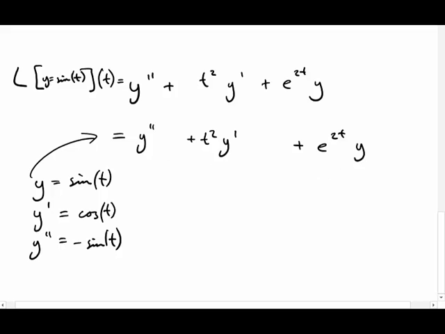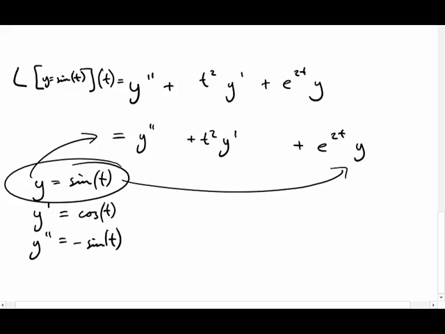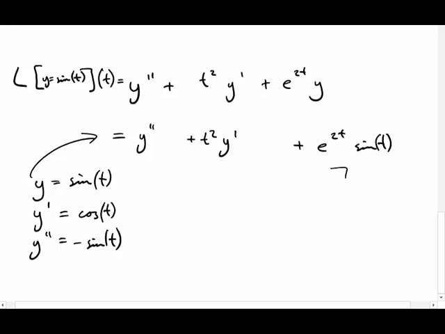So y equals sine t, let's put that in there. Now let's put y dash in there, so that's cos t. And y double dash, minus sine t. That is my output.